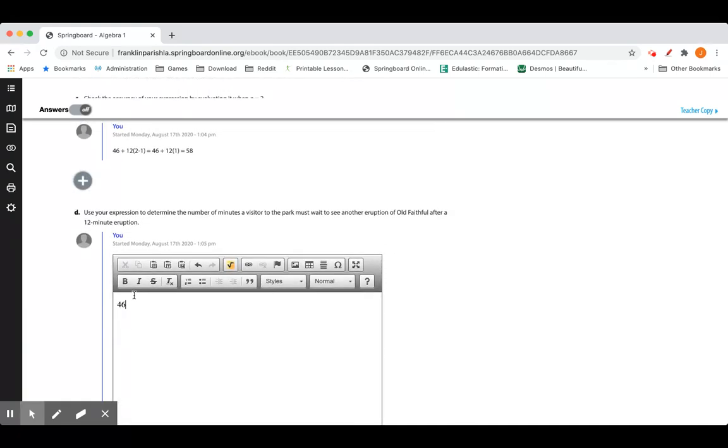Same process. 46 plus 12 times the number of minutes that we're waiting, 12 minus 1, because we already took care of that first minute, is equal to 46 plus 12 times 11. 12 times 11 is 132. 46 plus 132, which equals, let's see, 6 plus 2 is 8. Carry 4 plus 3 is 7. 178.